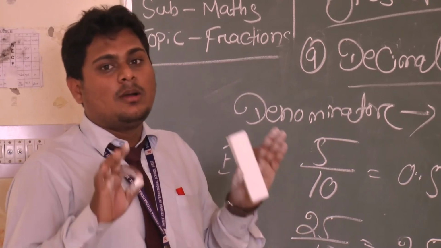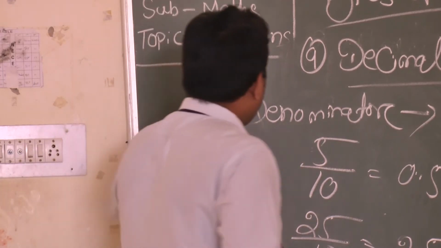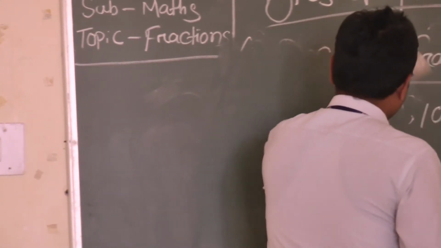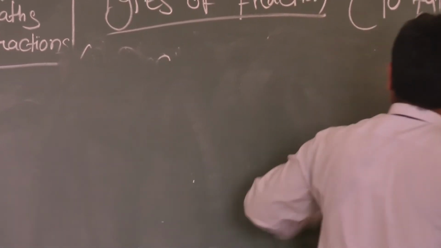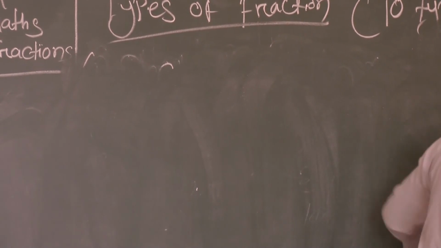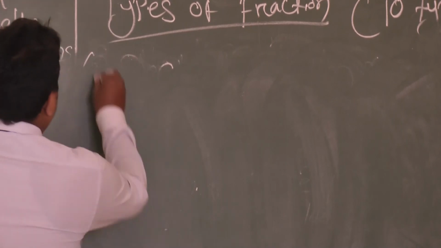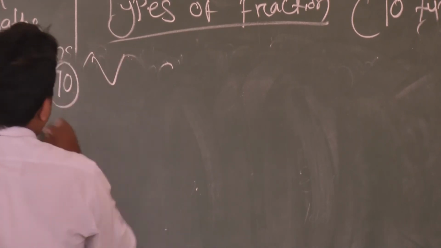Last fraction will be the vulgar fraction. What is that? Vulgar fraction. Okay, that is the vulgar 10 number. Last one.